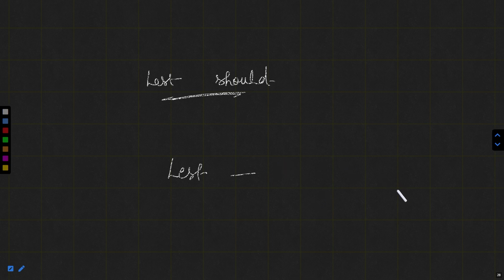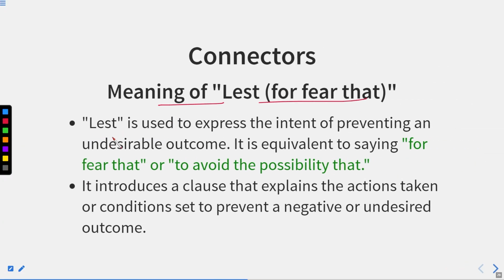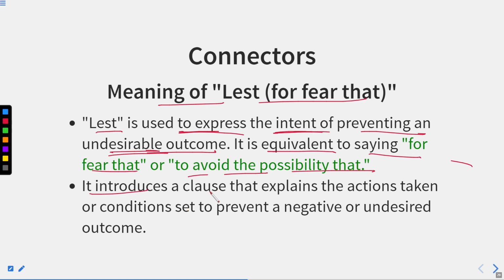It provides a fear that this should not happen. So the meaning of lest is "for fear that." Lest is used to express the intent of preventing an undesirable outcome. It is equivalent to saying "for fear that" or "to avoid the possibility that."